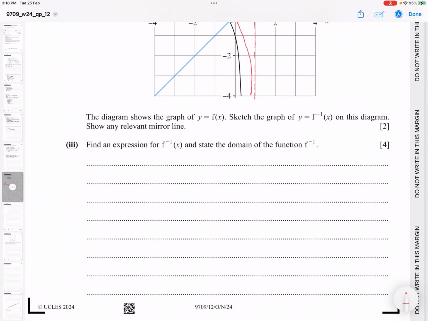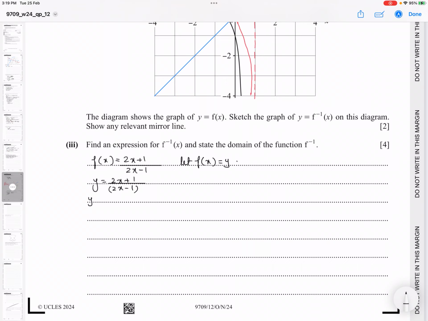Find an expression for f inverse of x and state the domain of the function f inverse. So our equation is f of x is equal to (2x plus 1) over (2x minus 1). Always let f of x equals y. Then write this equation in terms of y. y equals (2x plus 1) over (2x minus 1). After writing this, make this your duty to make x the subject.